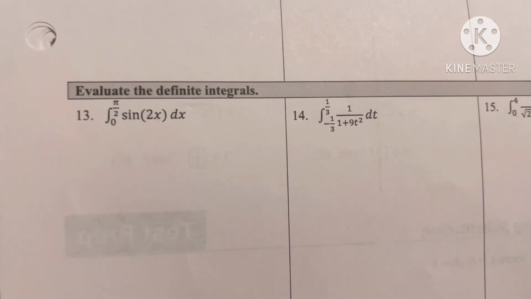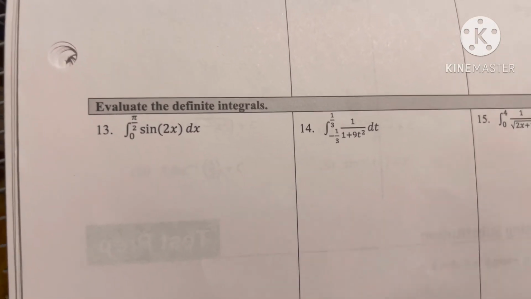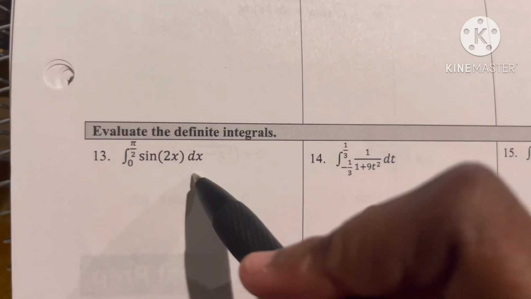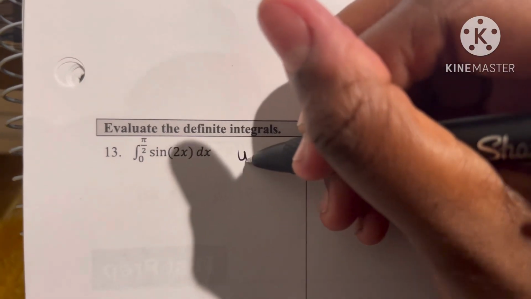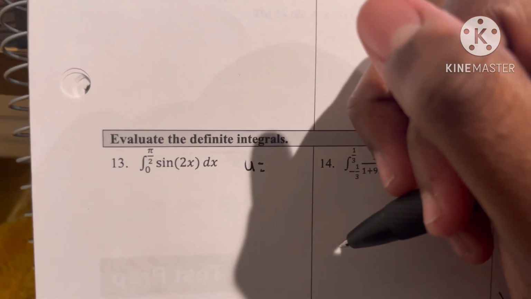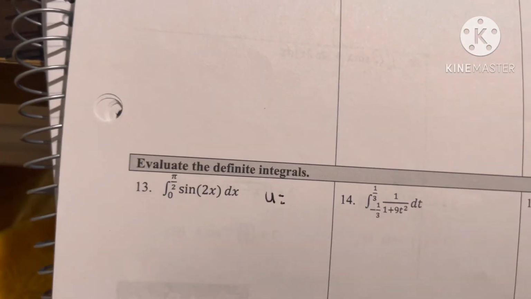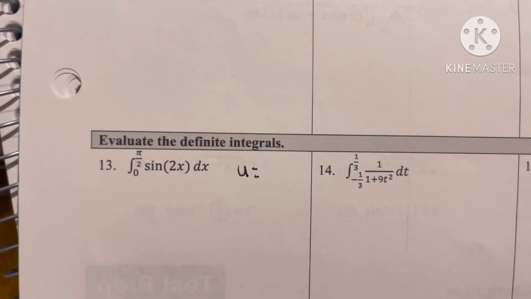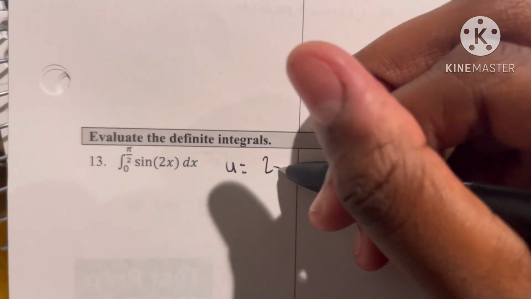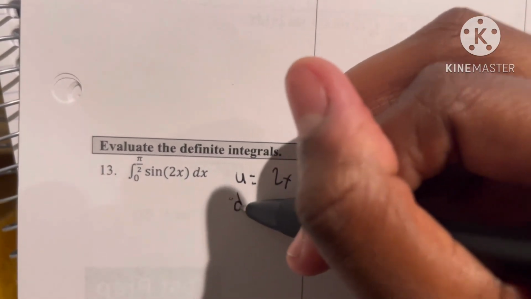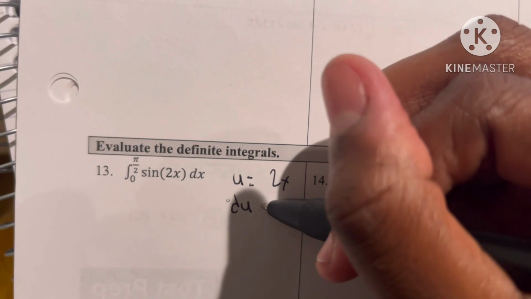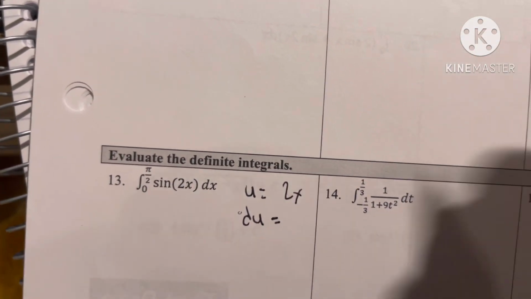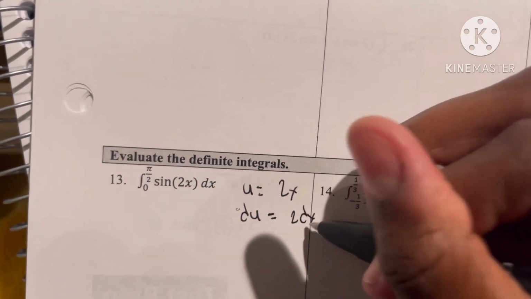Next up, we will be doing definite integrals using u substitution. So let's get started. You can see that inside the parentheses will be my u, because it's functions that are inside of parentheses, brackets, what I just explicitly said in the problem before. My u is 2x, and my du, which is the derivative of u, is 2 dx.